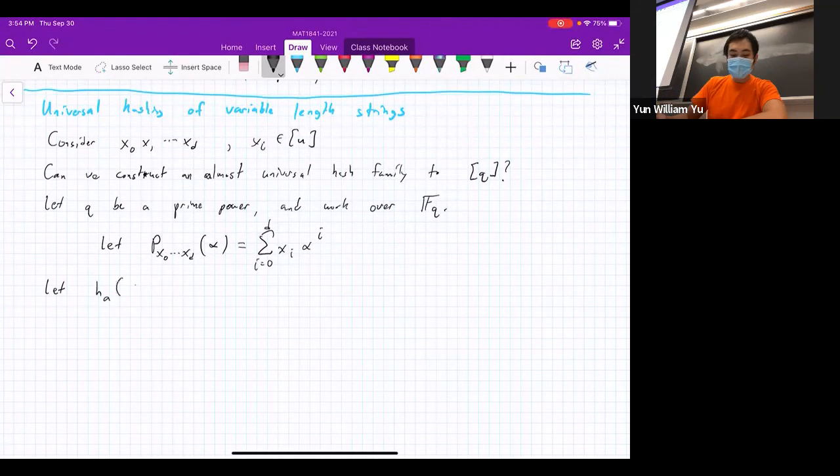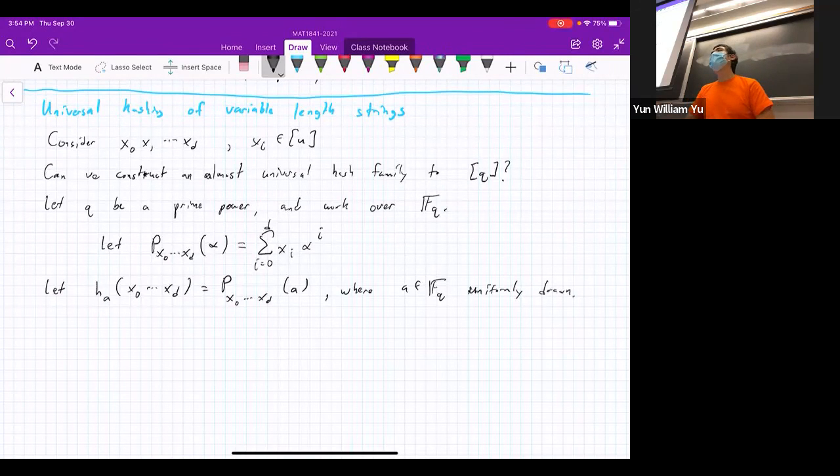So ha of x0 through xd is going to be equal to the polynomial evaluated at a, where a is randomly, uniformly drawn from the field. Basically, we're treating each of these big long strings that we want to hash to some field element as just some polynomial. Then we evaluate it at a random element, and that is our hash function.